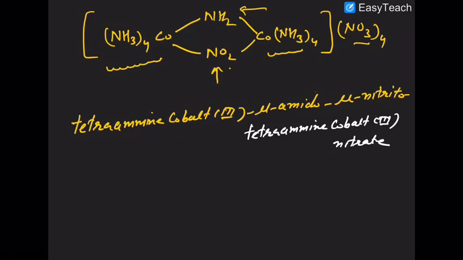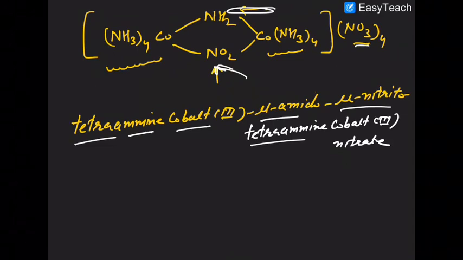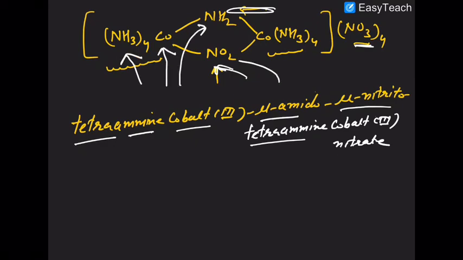I am repeating once more: tetraamine cobalt, mu-amido, mu-nitrito, tetraamine cobalt 3, this is nitrate. Are you getting that in your mind now? Once more: tetraamine cobalt mu-amido mu-nitrito, again tetraamine cobalt nitrate.